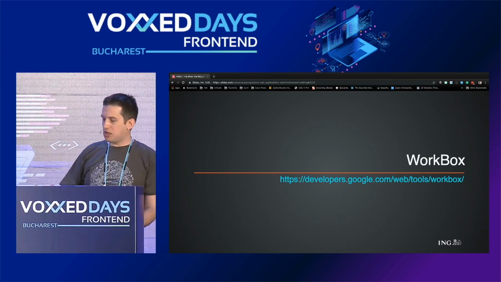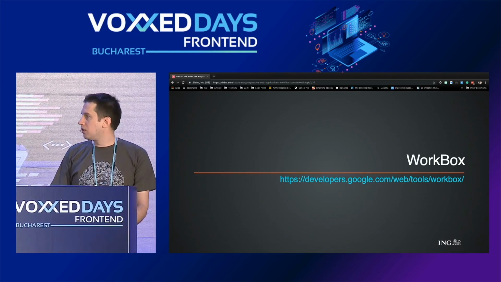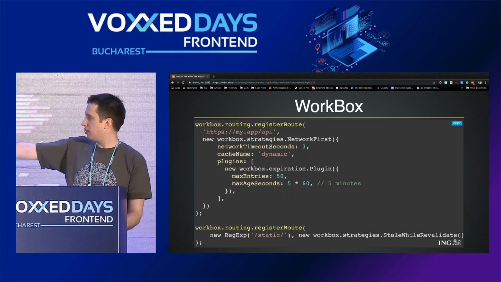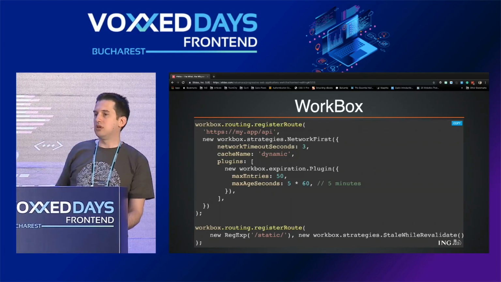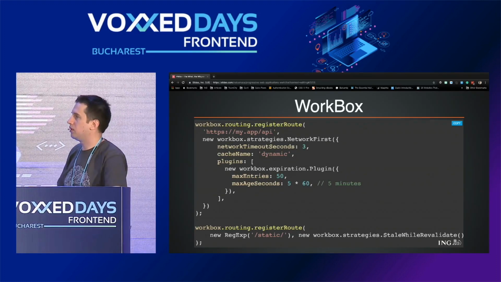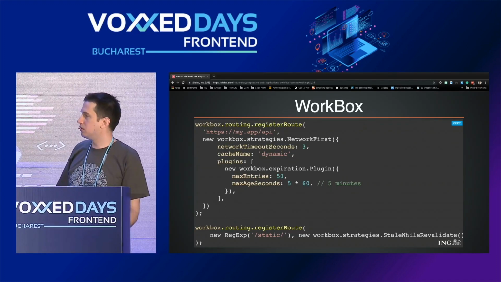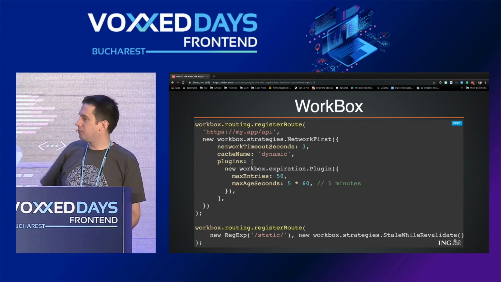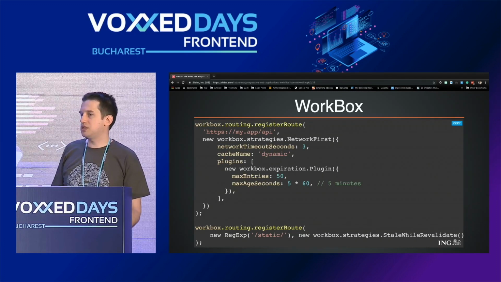So this is a nice library developed by Google called Workbox, which basically does the whole stale-while-revalidate in one line. It works with routes, so you can register routes for different resources. If we take the one below, for everything that's in static, use stale-while-revalidate. That's just one line.